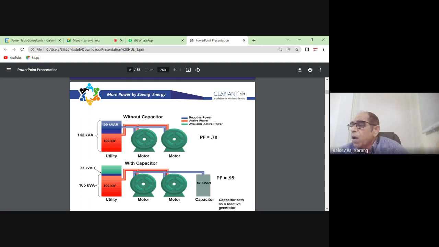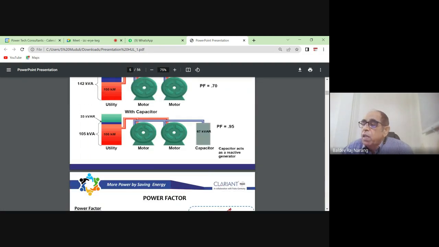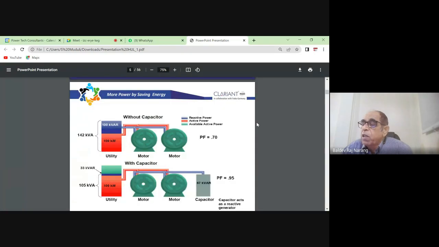And then we have a curve showing power factor, and how it is the displacement power factor. It is the ratio of kilowatt by kVA, and then the true power factor also takes into account the THD values. So we have to take the distortion power factor and multiply it with the displacement power factor. Then we get the true power factor.